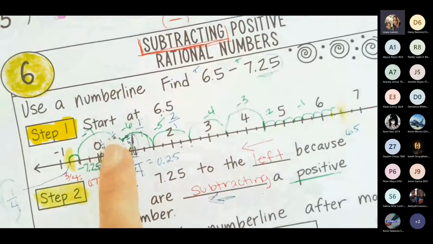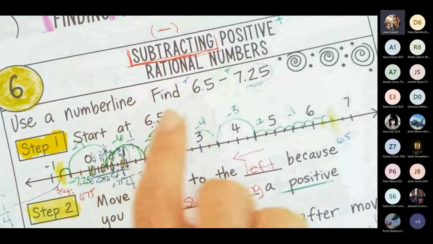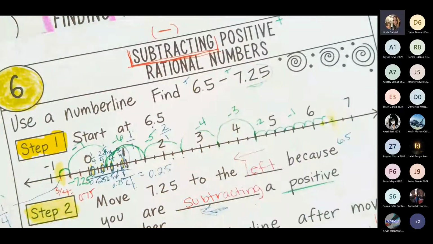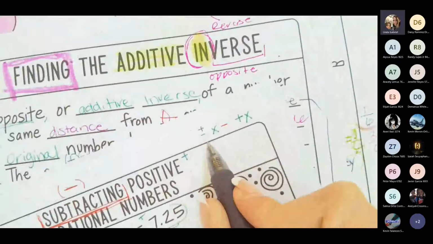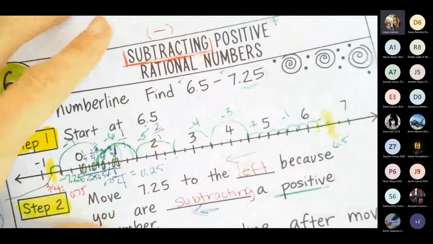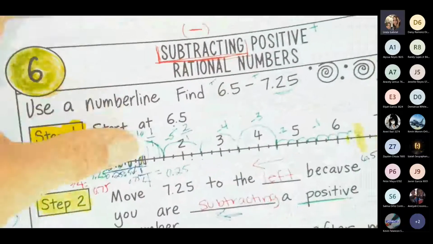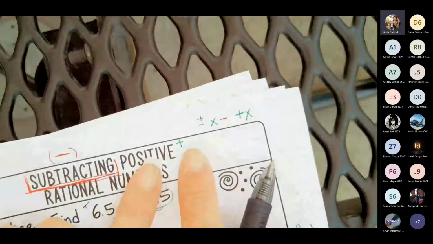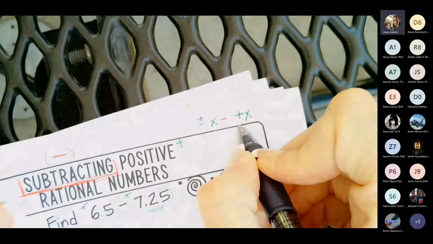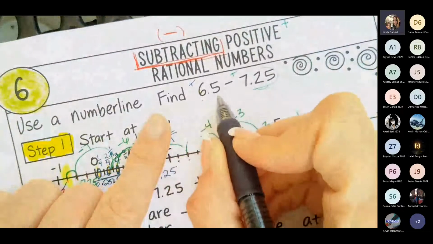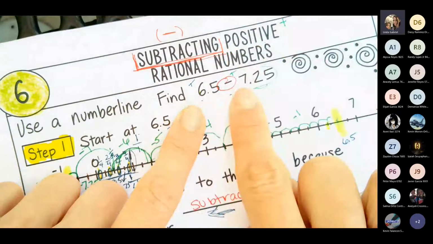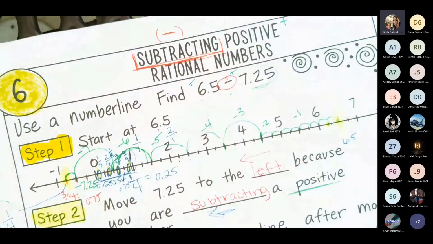So we saw that if we are subtracting a positive number, the first part of my expression, or equation, could be positive or negative. But the important part is that what I'm subtracting is a positive value, right? So right here I have positive 6.5, I am subtracting positive 7.25.